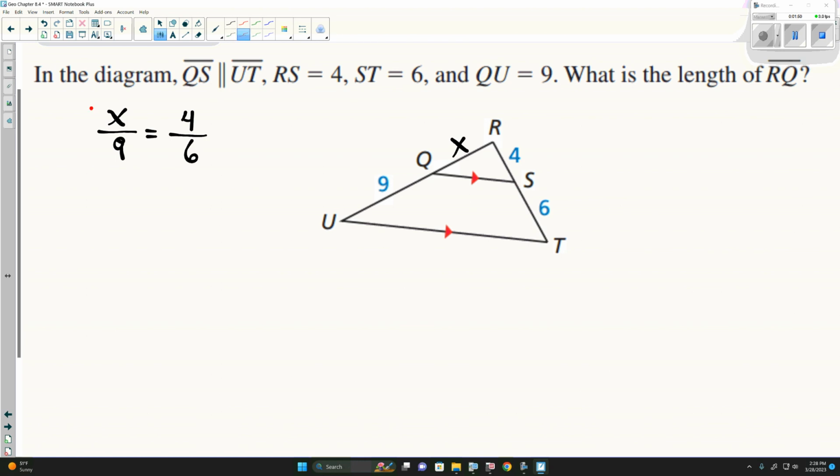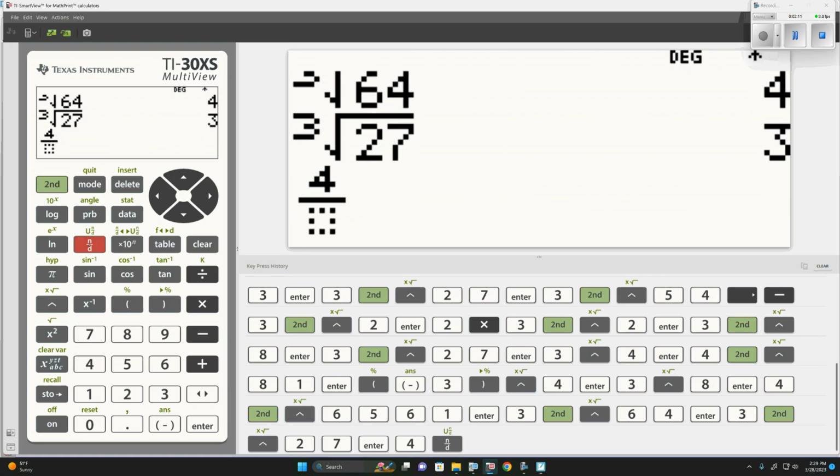Now, what do we need to do first to get X by itself? We need to multiply both sides by 9. Because here the 9 and 9 will cancel, leaving X by itself. And the only thing we need to do now is 4 over 6 times 9, which is 6.